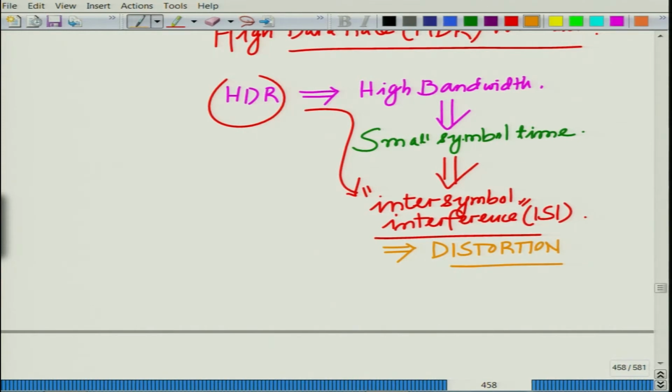The long and short of the story is that whenever you go towards high data rate systems, the symbol time becomes very small. When this symbol time becomes small, the channel sort of spreads these symbols, the channel sort of smears these symbols, and these symbols start interfering with each other. That is essentially intersymbol interference, which leads to distortion.